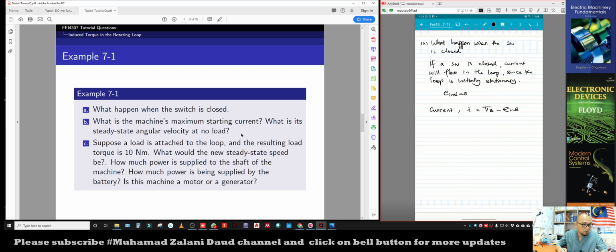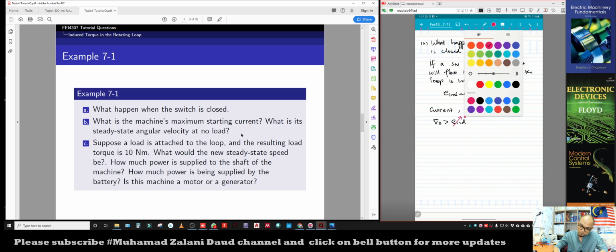If this machine is working as a motor, at the instant the switch is turned on, VB is larger than E_ind. At that instant, the induced voltage is still 0, so we use that equation.